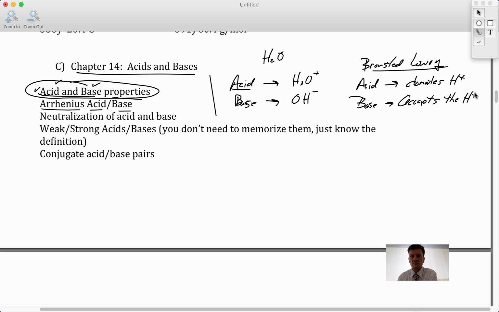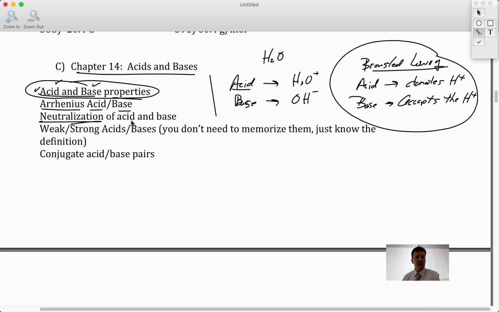Okay? So that's another way to look at it. So Bronsted-Lowry is a little broader than the definition according to Arrhenius. Okay? We'll walk through these and see how they play out in different reactions as we talk about this chapter.